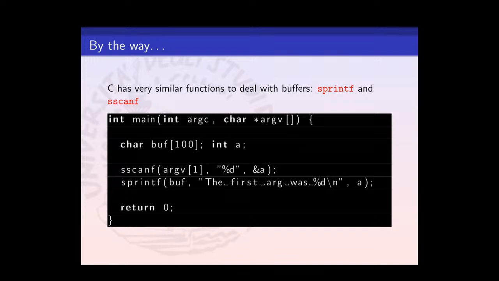By issuing the first command, we are reading a decimal number from the second word in the command line. Once we compile this program, we can execute it, and to execute it we need to issue a command in the command line.